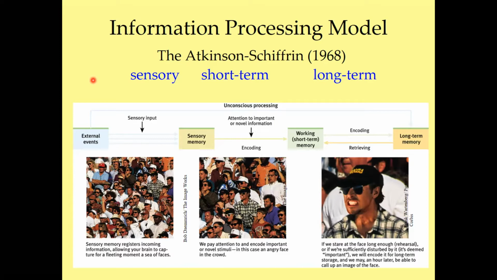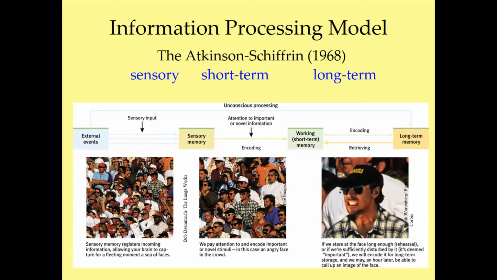They identified that there is, first of all, sensory memory. Looking at our diagram here, you have external events that are occurring, and our sensory systems detect various stimuli in our environment that are related to those external events.